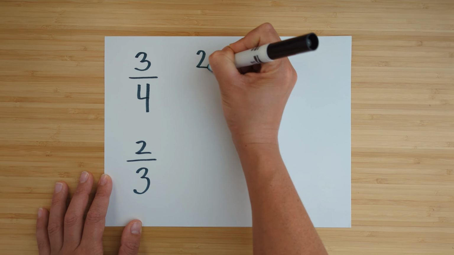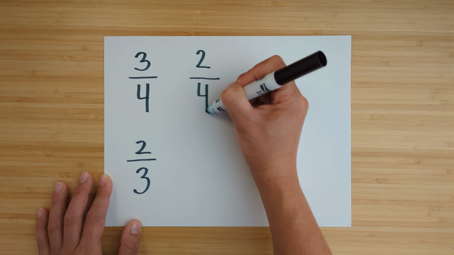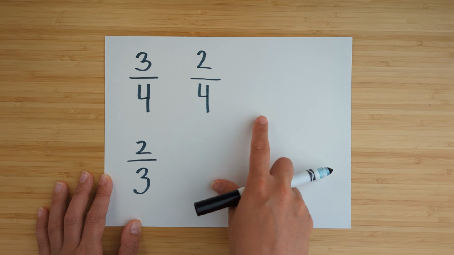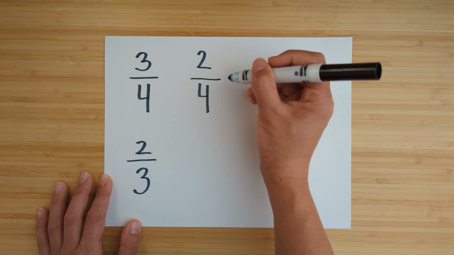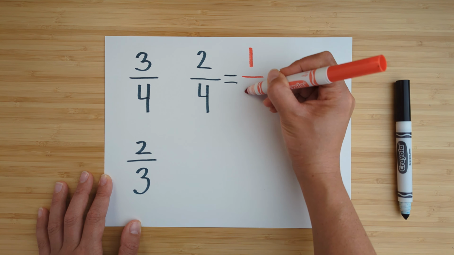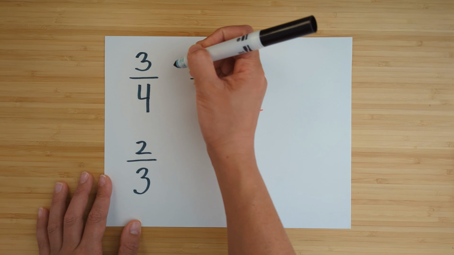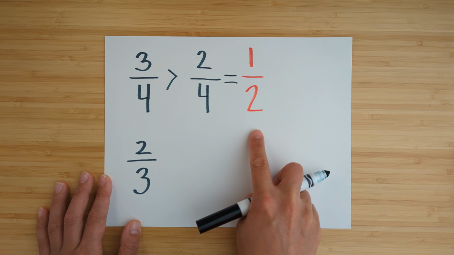Half of that number, using the same denominator, will create an equivalent fraction to 1/2 with a common denominator of your starting fraction. And then you can easily compare: 3/4 is greater than 2/4. 3/4 is greater than 1/2.